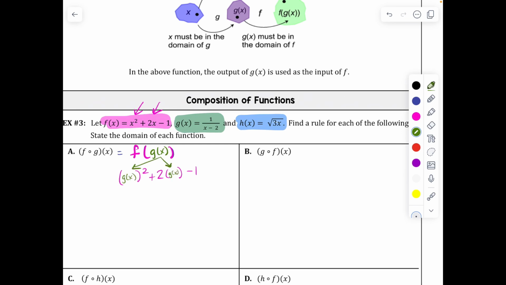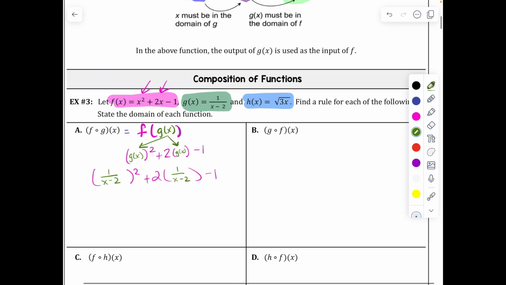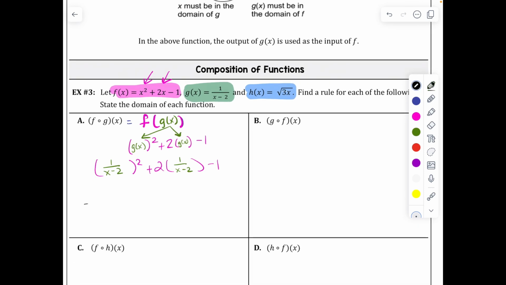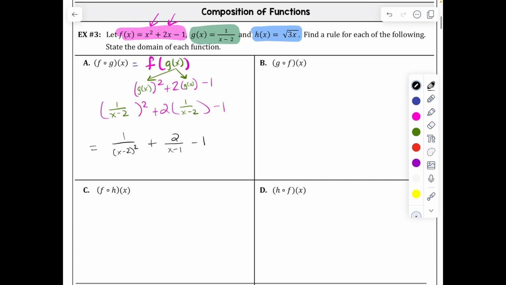So we're inputting g of x now instead. Let's flesh this out. x squared plus 2 times x minus 1, but g of x is really 1 over x minus 2. If I square this, I get 1 over, because 1 squared is just 1, x minus 2 squared, we can leave it just like that, plus 2 times 1 is 2, all over x minus 2, minus 1. We can leave it just like that.